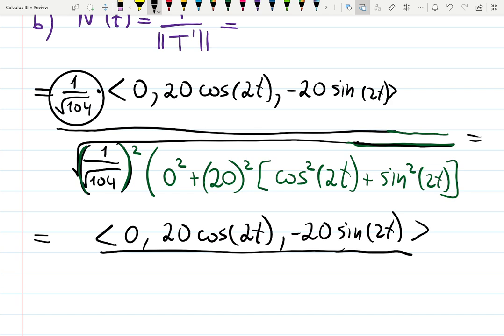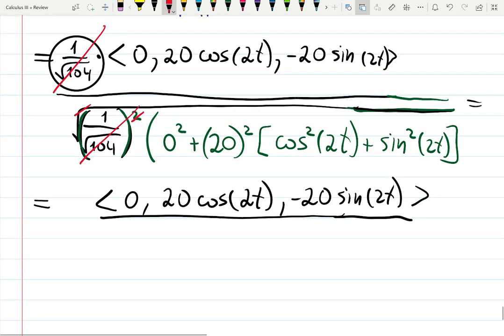In the denominator, the square root kicks out this 1 over the square root of 1/4 because it was squared. So it means they get cancelled out completely. Do you understand that this cancels out with this part?